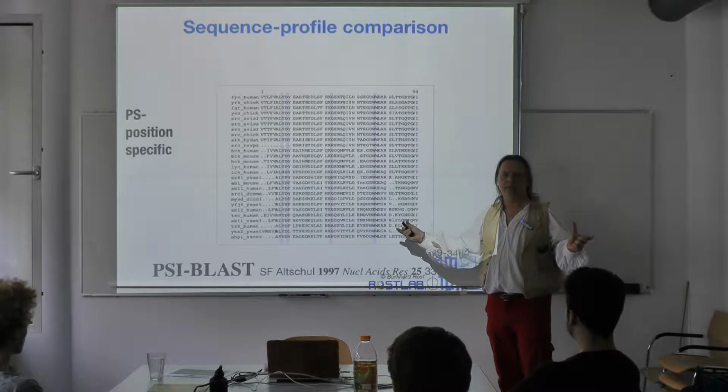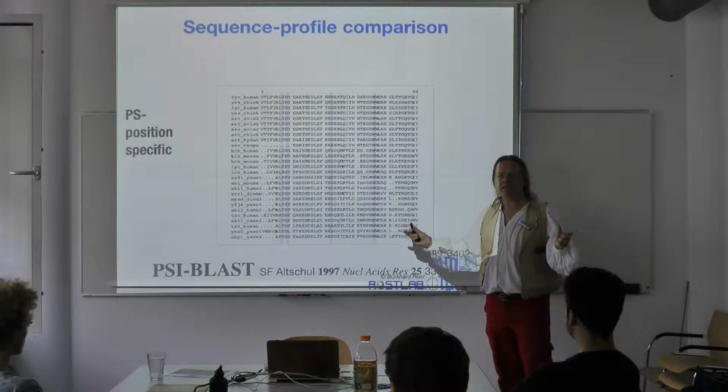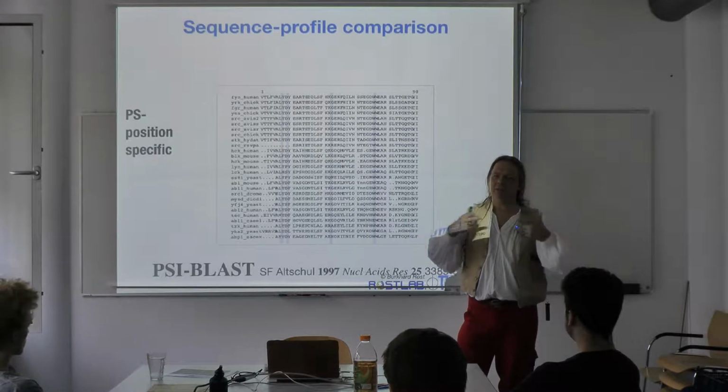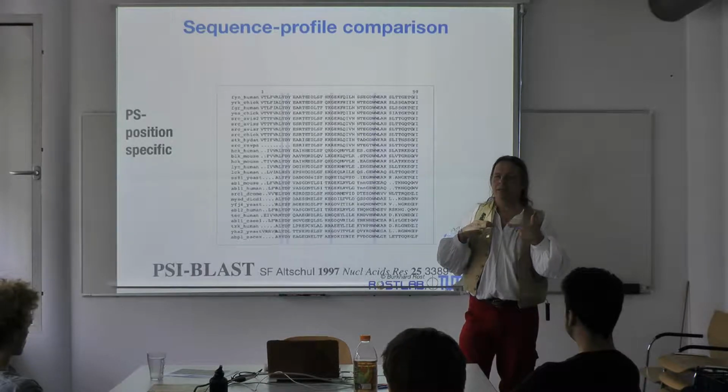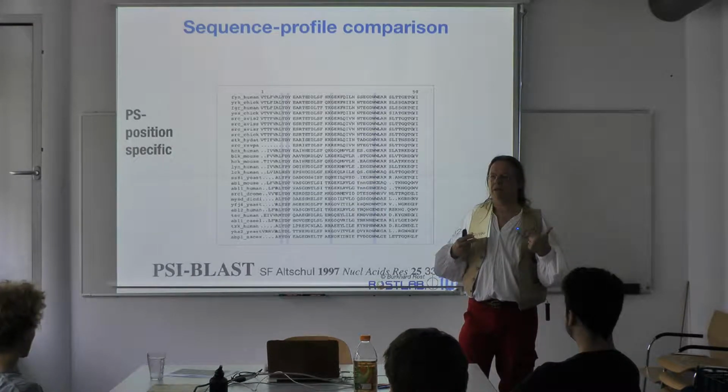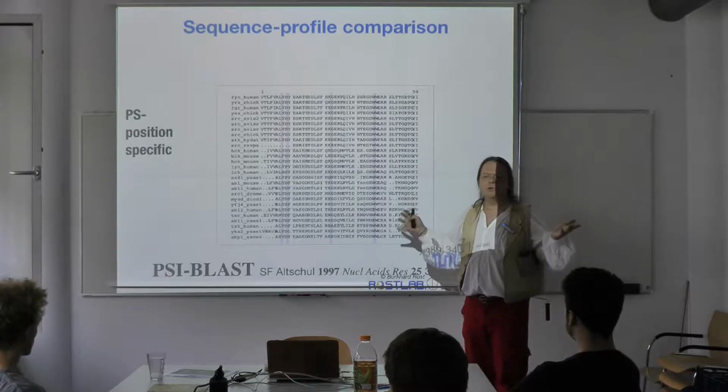That's clear, right? Is it? That's the major thing. So now in the second step, you replace running a sequence against a sequence, essentially a pairwise alignment, by running a profile against a sequence, a symmetric thing. Clear?